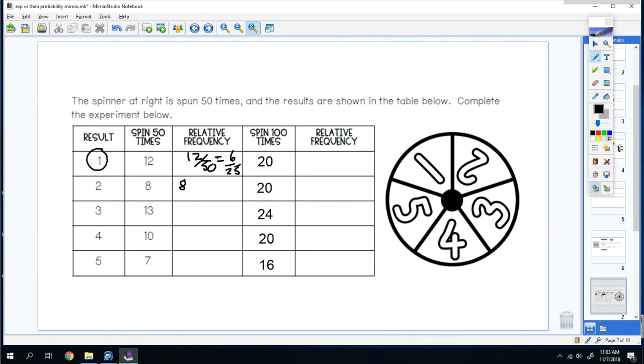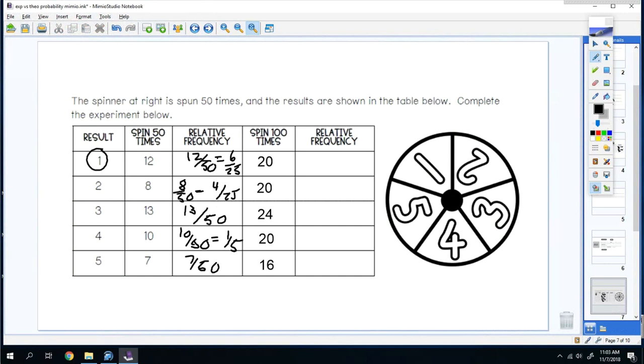Next one would be 8 out of 50, which is 4/25. Next one would be 13 out of 50. This one would be 10 out of 50, which is 1/5. And then the next one would be 7 out of 50. So that was my experimental probability for spinning it 50 times.